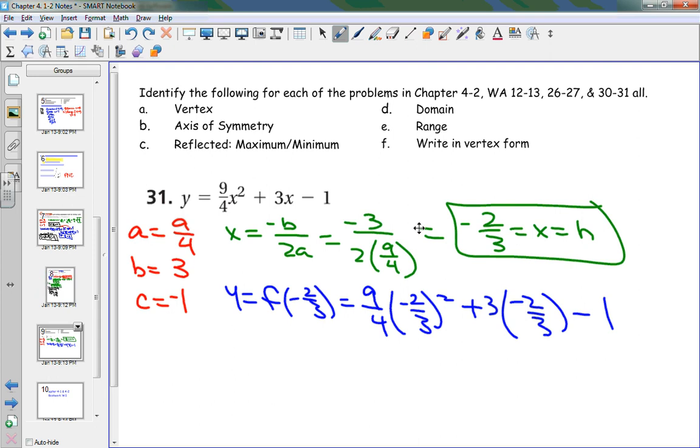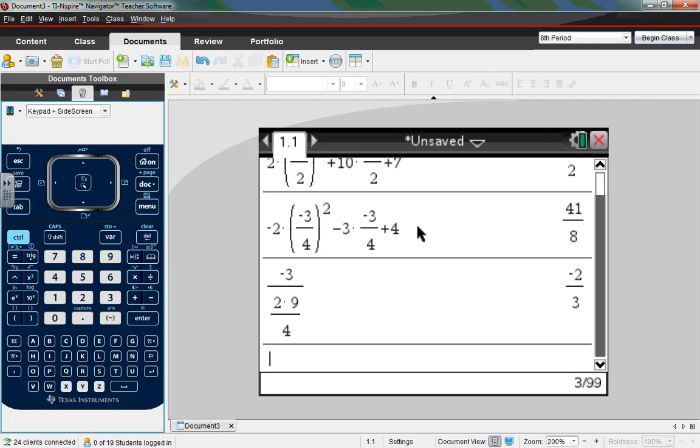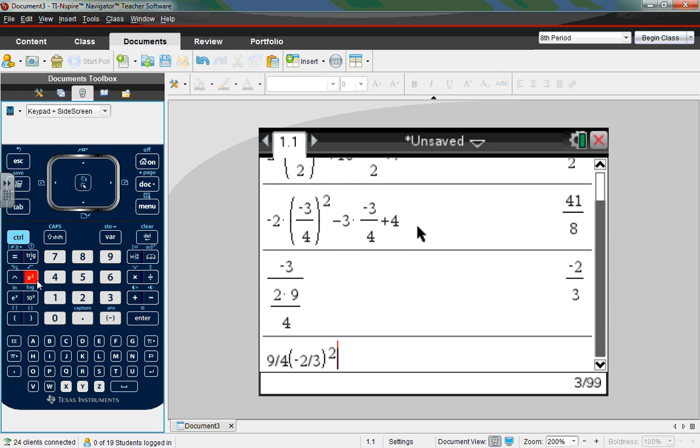So I go back to my graphing calculator and I type it in. 9 divided by 4, parentheses, negative 2 divided by 3, arrow to the right, squared, plus 3, parentheses, negative 2 divided by 3, arrow to the right, minus 1.